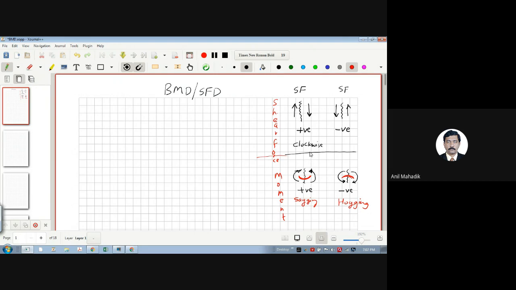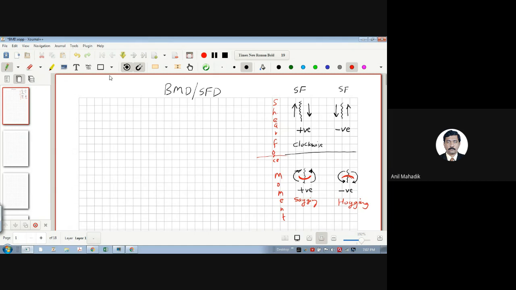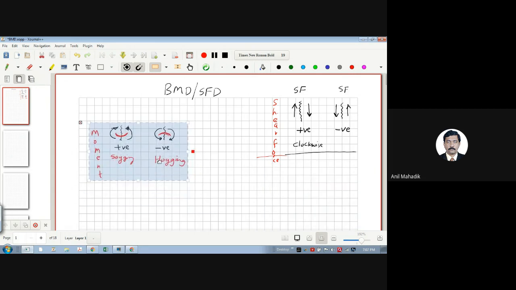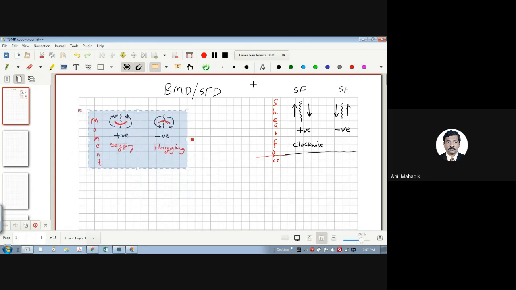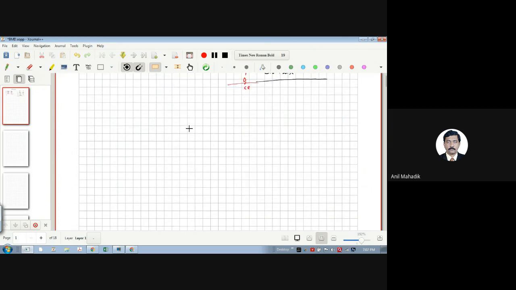Now let's take one more example for this. Okay. Now let's go to the example. Let's say we have one simply supported beam.